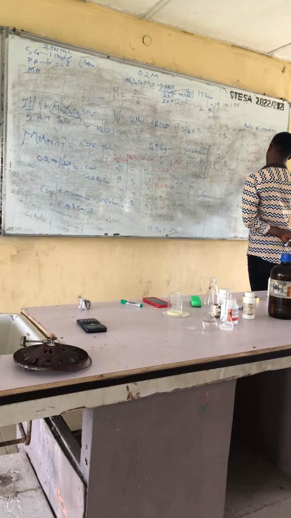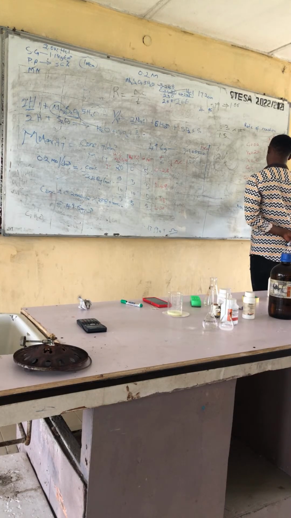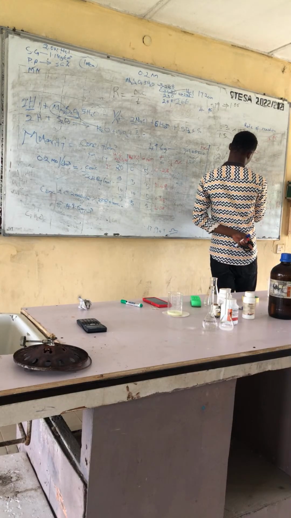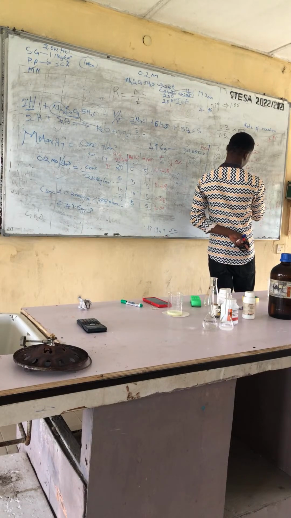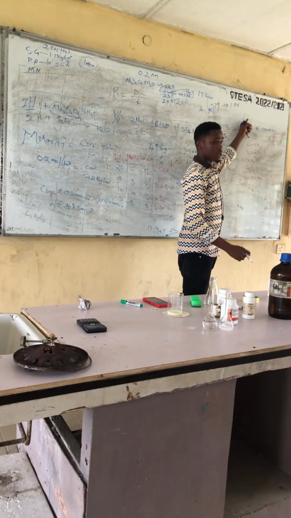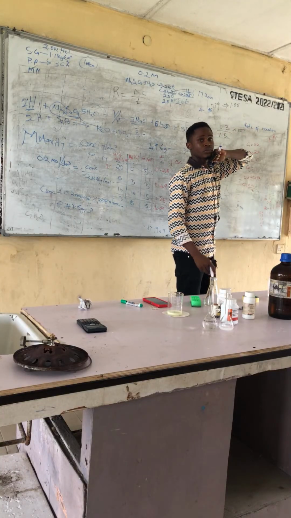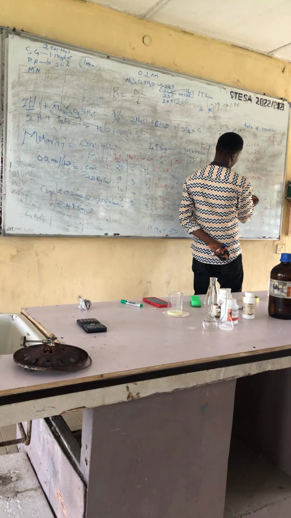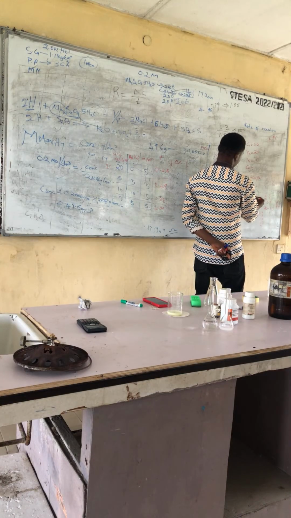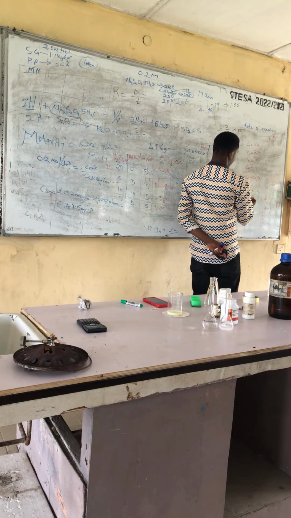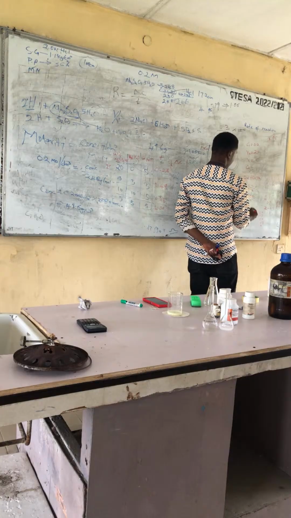Now remember C1V1 equals C2V2. Now we are looking for this, right? So we now say C2 equals C1, how much? The C1 was 0.2. V1 was what? 0, divided by 20.